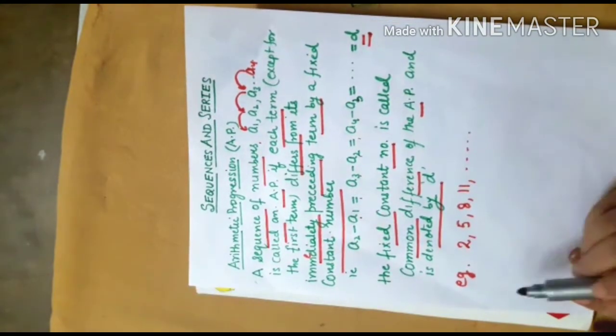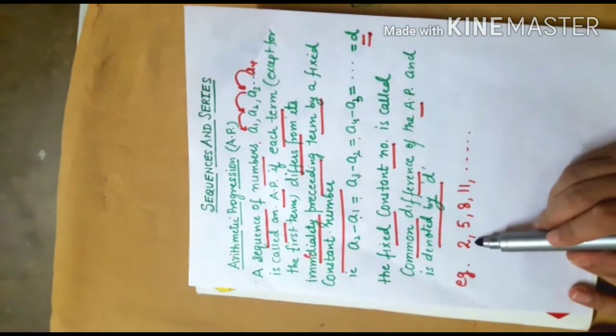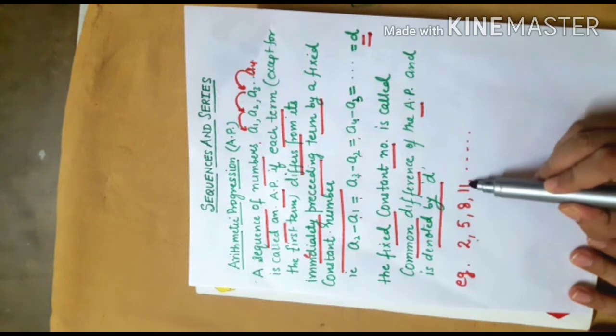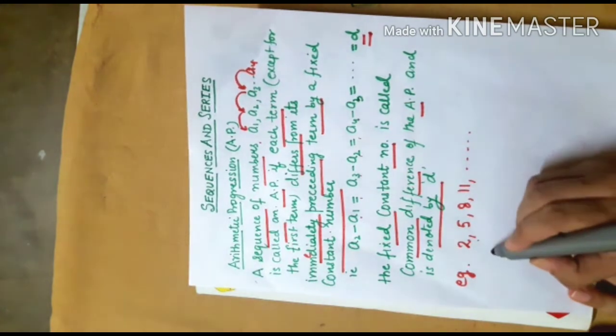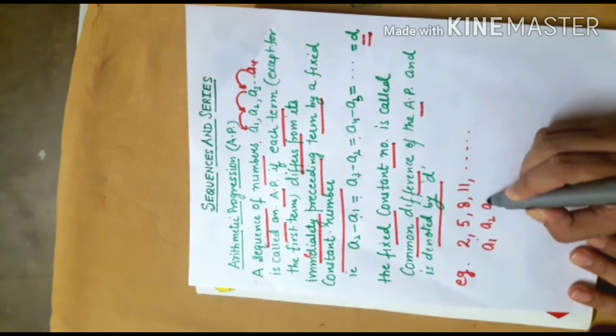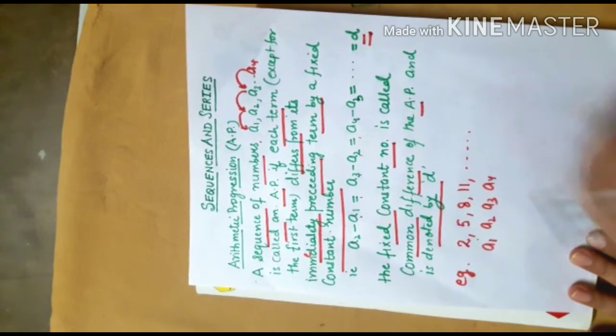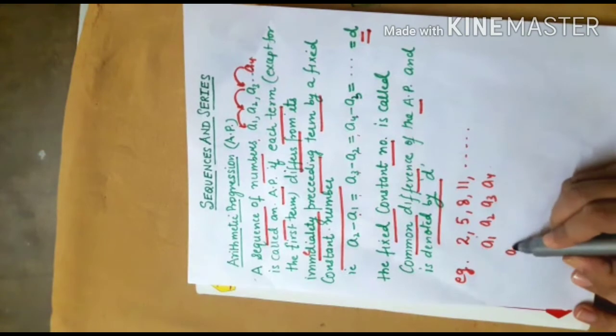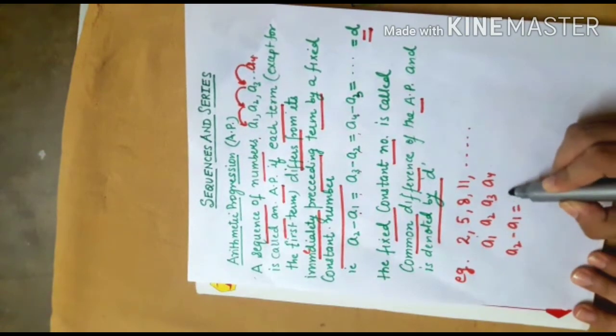For example, consider the sequence 2, 5, 8, 11 and so on. Here this is A1, this is A2, this is A3, A4 and so on. A2 minus A1 will be 3.